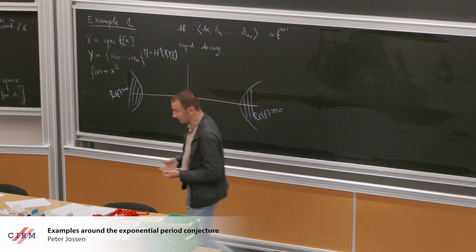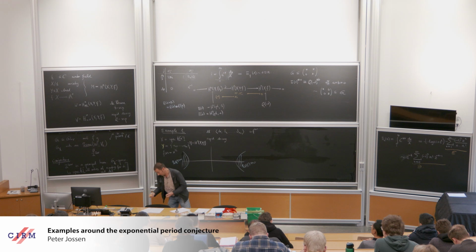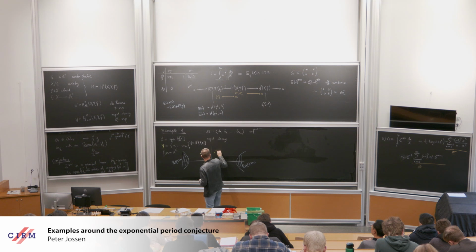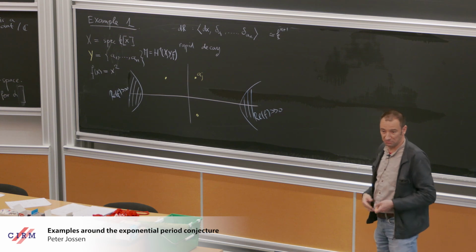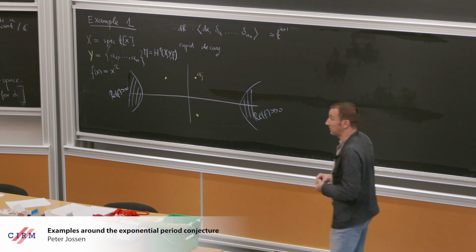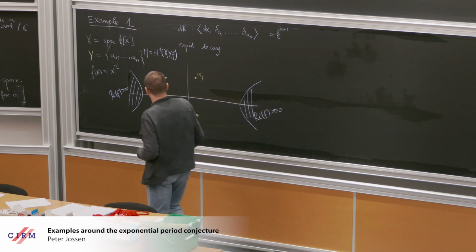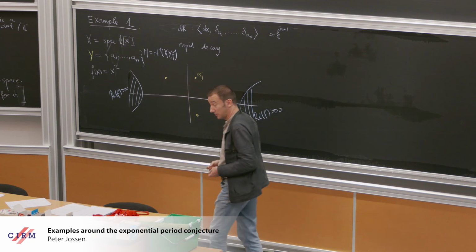And in between, I have these points that are marked. Let's say here is the point a_j. And now there are no loops that are not contractible, but I have plenty of paths that start and end somewhere in a colored region.